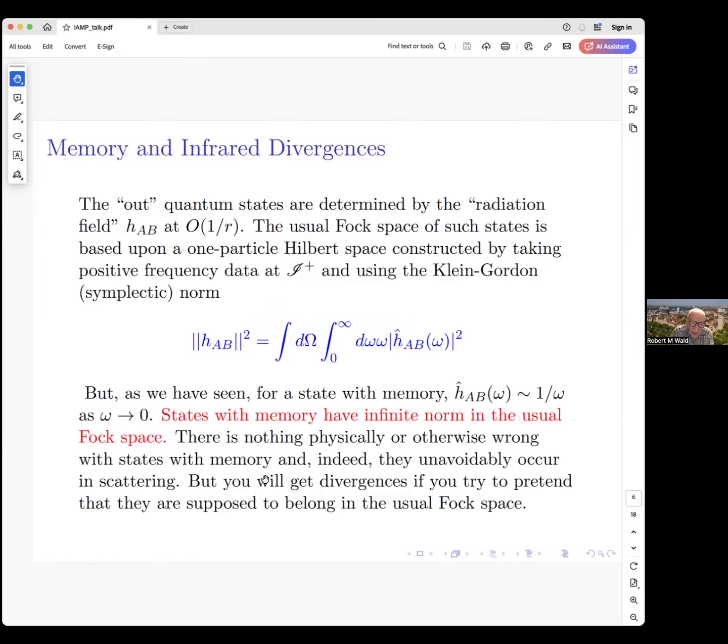There's absolutely nothing wrong with states with memory. They're perfectly legitimate quantum states, but they don't exist as vectors in the usual Fock representation. And if you try to force them into the usual Fock space, then you're going to get divergences when you do that.